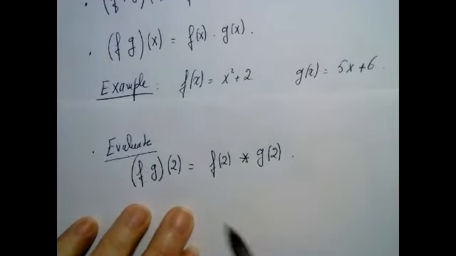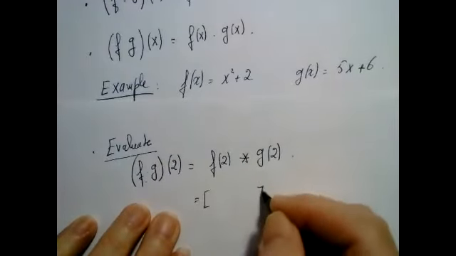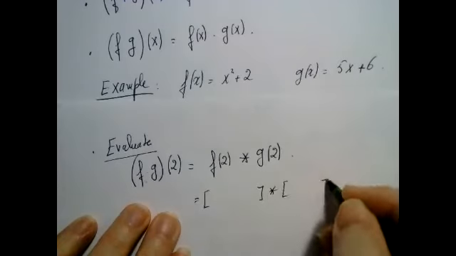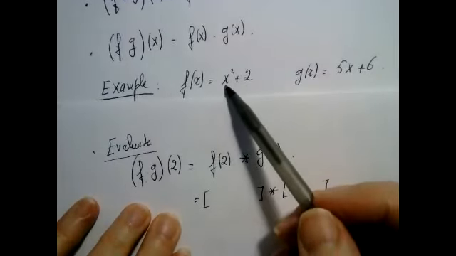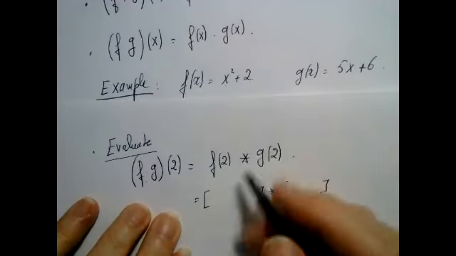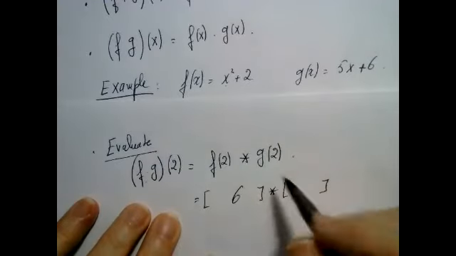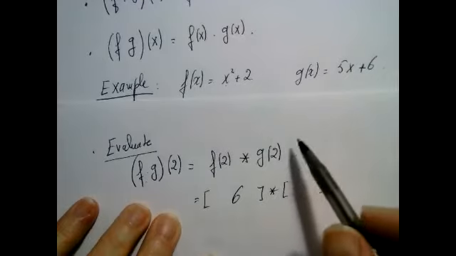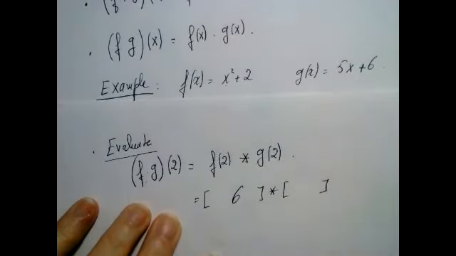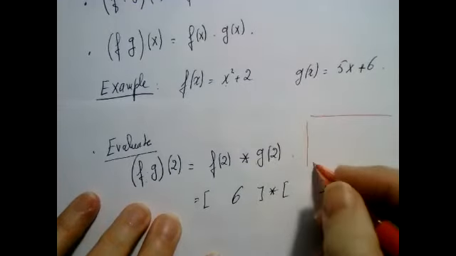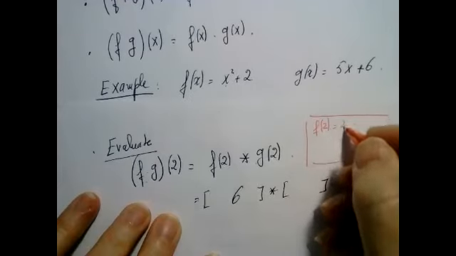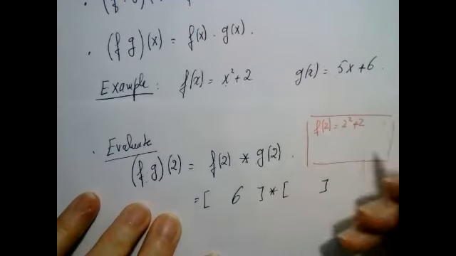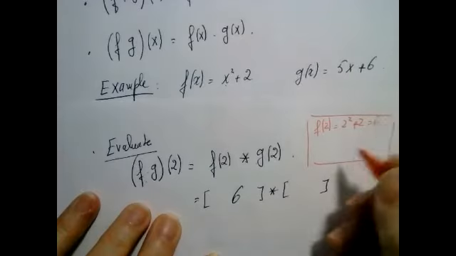So finding this is finding the product. So I have to multiply f of 2 by g of 2. Let's see what f of 2 is. If I plug in 2 for x, that's going to give me a 6. What's g of 2? 5 times 2. I'm going to write those here on the side, so you know where my numbers are coming from. f of 2 is 2 squared plus 2, which is 6.